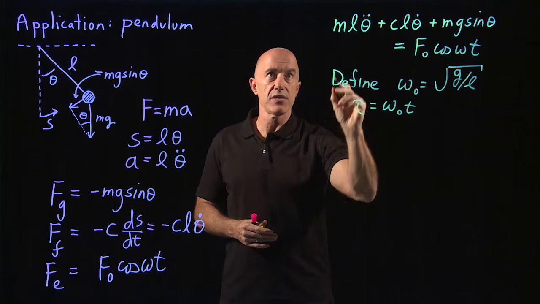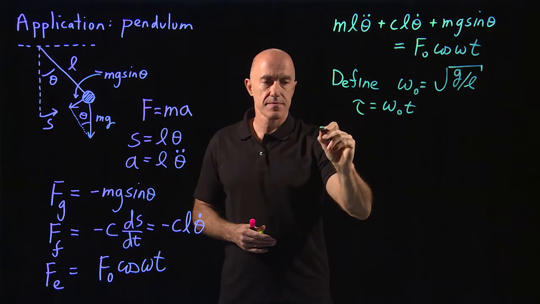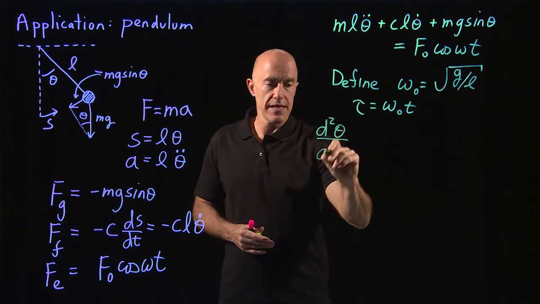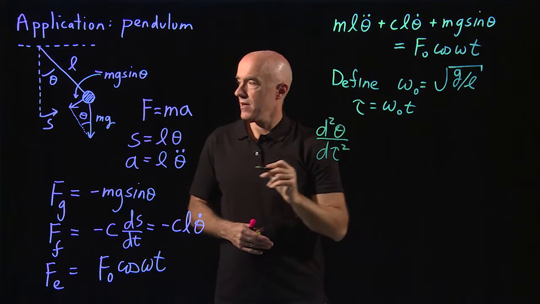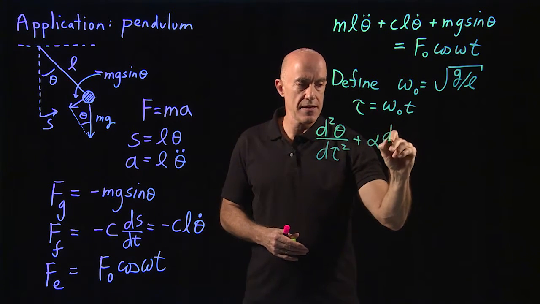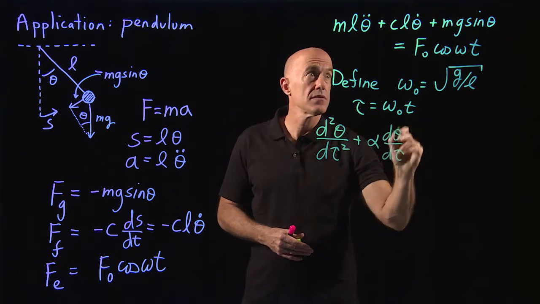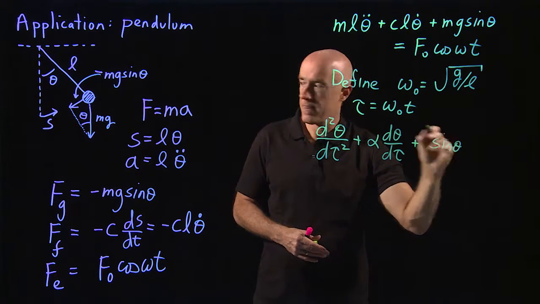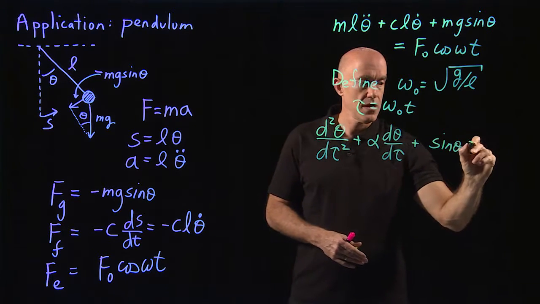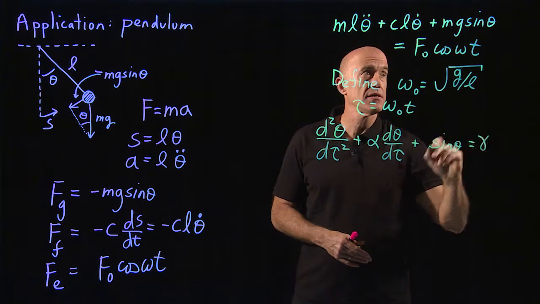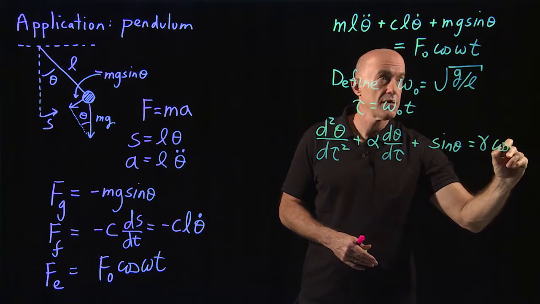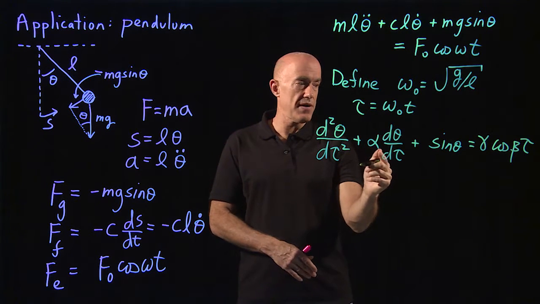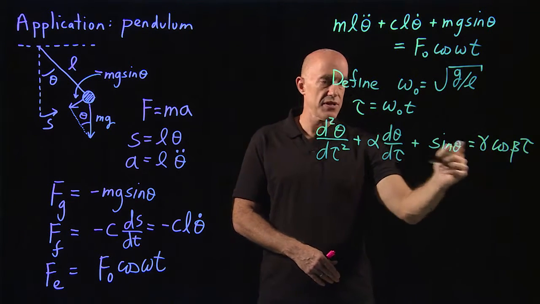So if we define it like this, we can get our dimensionless equation. Our dimensionless equation then becomes d squared theta d tau squared plus alpha d theta d tau plus sine theta equals another dimensionless parameter, gamma, times cosine beta tau. So now we have three dimensionless parameters.